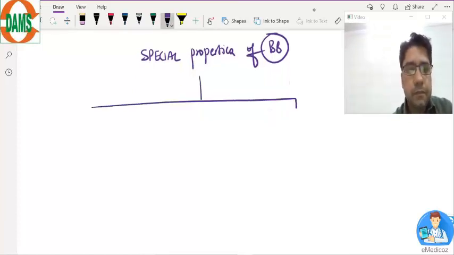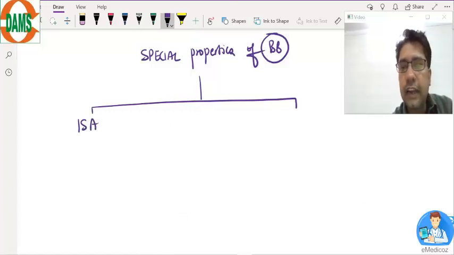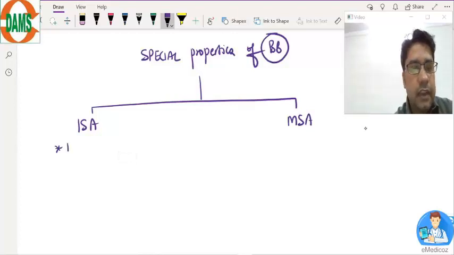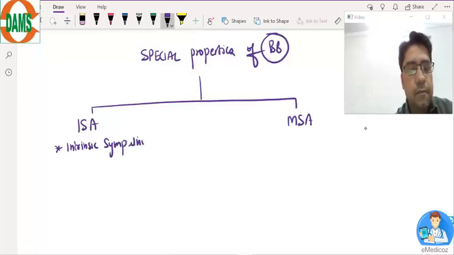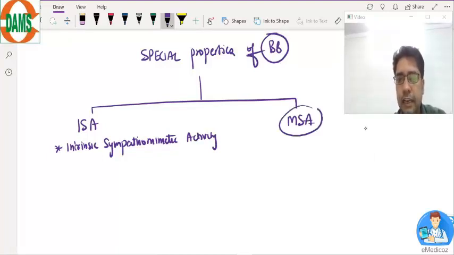First is ISA. Second, you will write MSA. ISA stands for intrinsic sympathomimetic activity. Now I will tell you what is MSA later on.